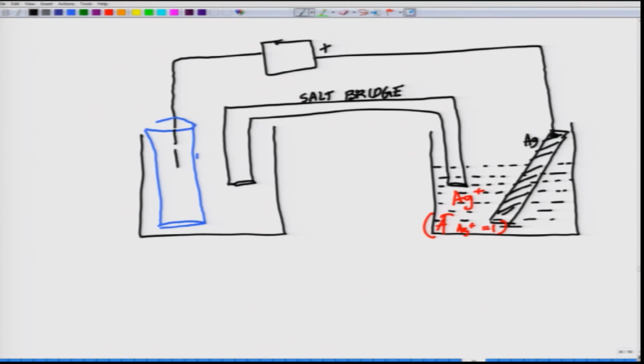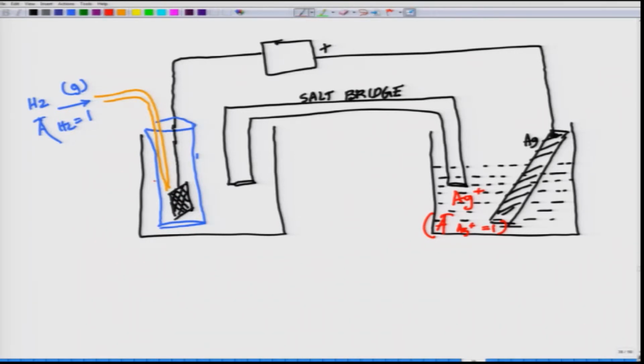There you have platinum sitting here. This is pure platinum, and I'll give you the details in a second. Let me draw it out. Here we are bubbling hydrogen gas, H2 gas. Of course, that also has an activity of H2 equal to 1, which is unity. So, there you have a glass tube.